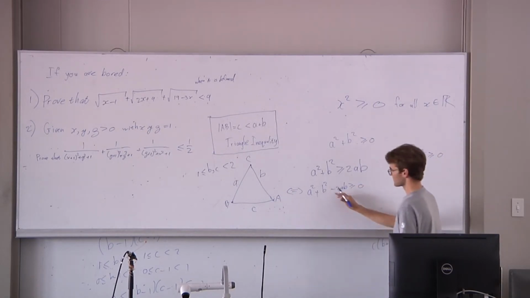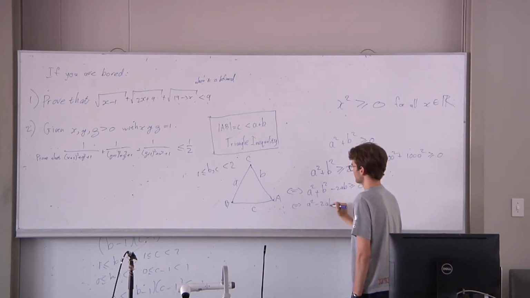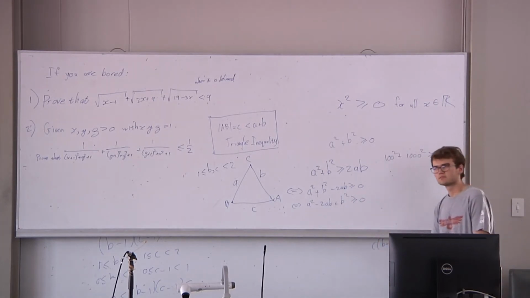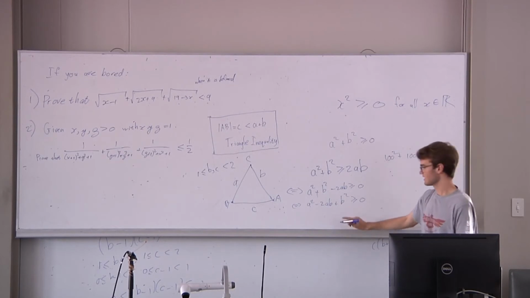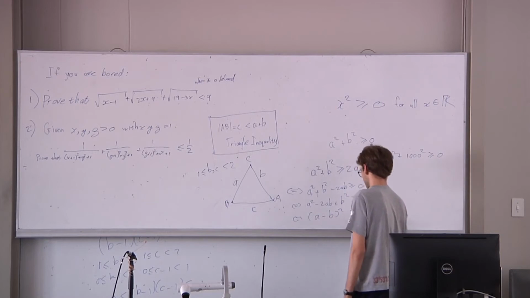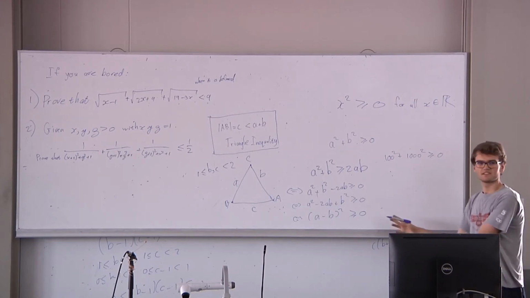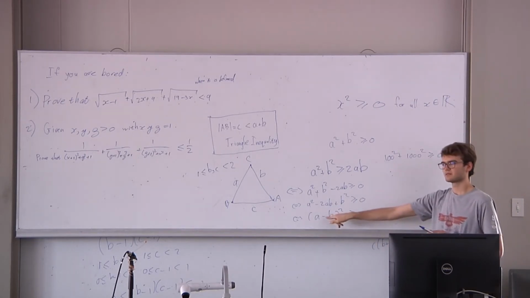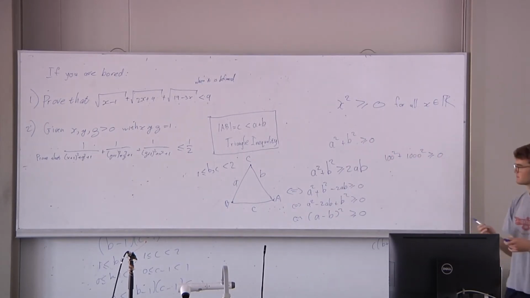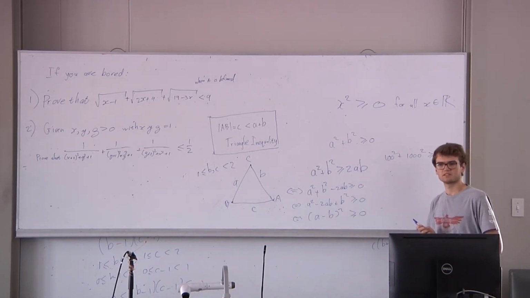And you can just rearrange this to get a squared minus 2ab plus b squared is bigger than or equal to 0. And from Monday's lecture, you should recognize that as (a minus b) squared bigger than or equal to 0. That's just clearly true, because a minus b is some real number, and this theorem tells us that any real number squared is bigger than or equal to 0. So if you follow these steps back, you can derive the statement.